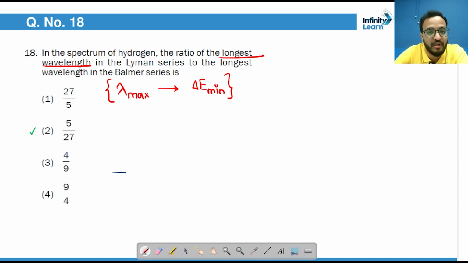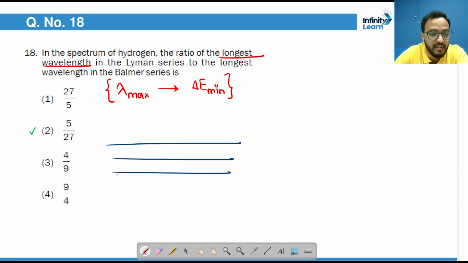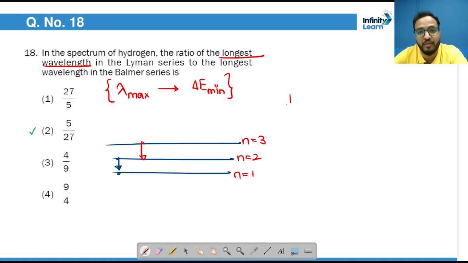Now, suppose I talk about Lyman series, Balmer series, Paschen series. So for Lyman series, the transition is this, least energy transition, and for Balmer series this is the least energy transition, n equals 1, n equals 2, n equals 3. So for Lyman series the transition will happen from 2 to 1, and for Balmer series it will happen from 3 to 2.